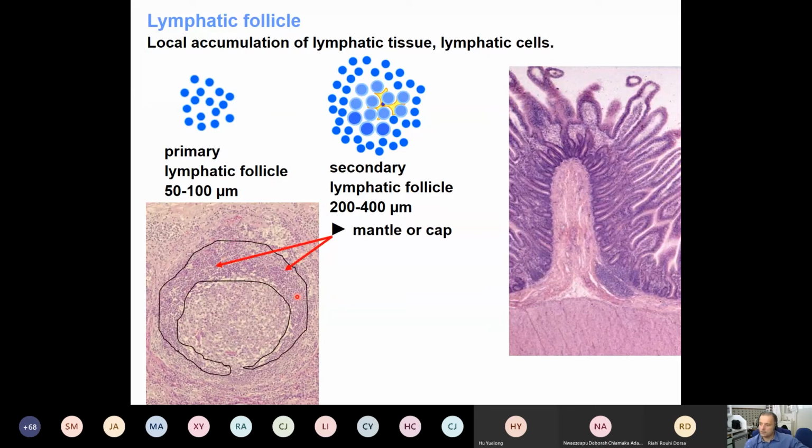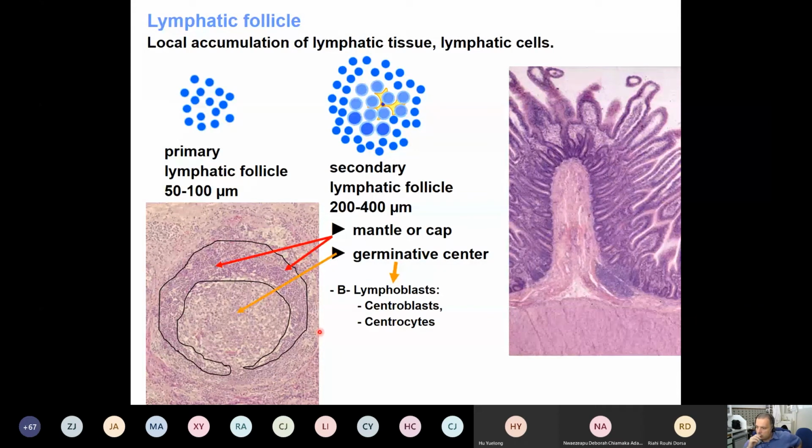This area is called the cap or the mantle area, and the central zone in the middle is the so-called germinative center, because in the germinative center the B lymphocytes will grow, will proliferate.